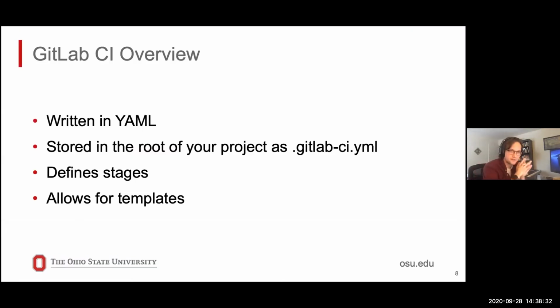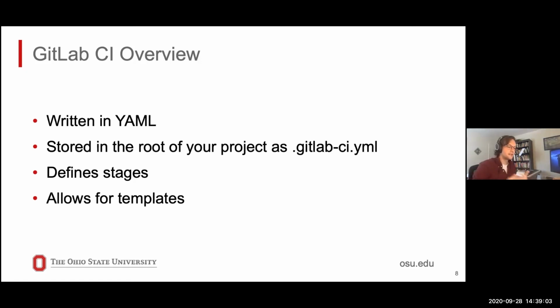Really quick overview of continuous integration within GitLab. It's written in YAML, yet another markup language. There's a file called gitlab-ci.yaml. I always use the shorter abbreviation, just YAML. It's stored in the root of your project, and what it does is it defines stages for your pipeline.